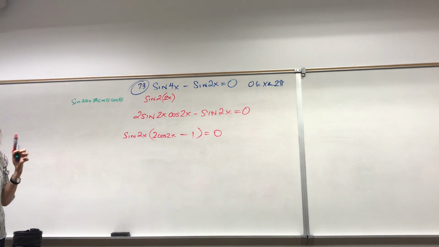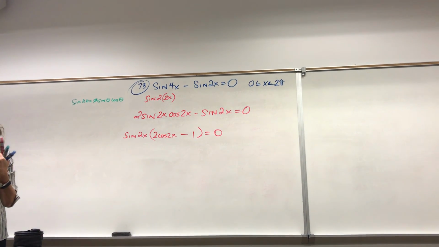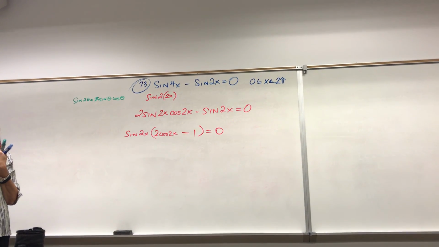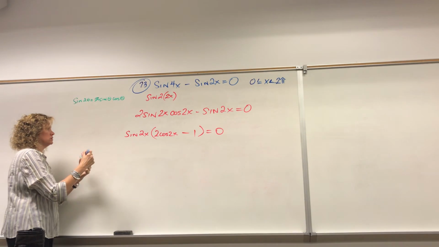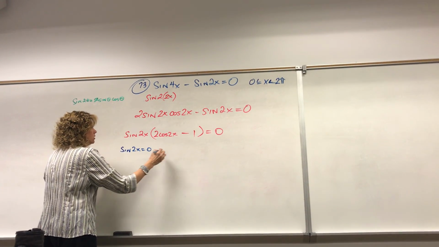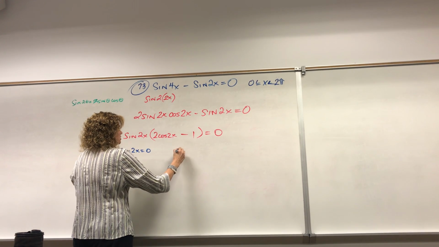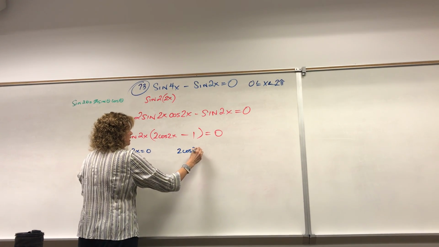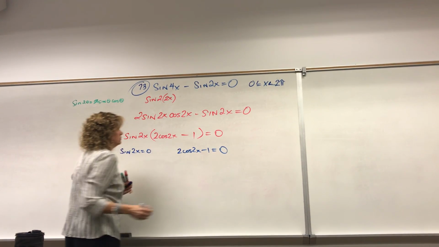When you have an equation that's set equal to 0 and it's factored, now what are you going to do? Set them both equal to 0. So now we're going to say sine 2x equals 0, and we're going to say 2 cosine 2x minus 1 equals 0.